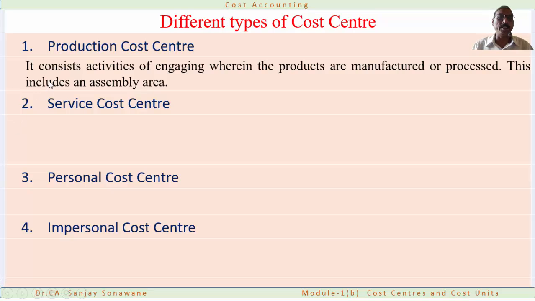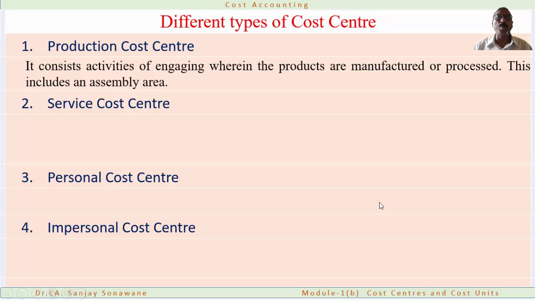Now what does it consist of? It consists of activity wherein the products are manufactured or processed. This includes an assembly area. So we are talking about the pure production or manufacturing place. So we can identify this as a cost center.